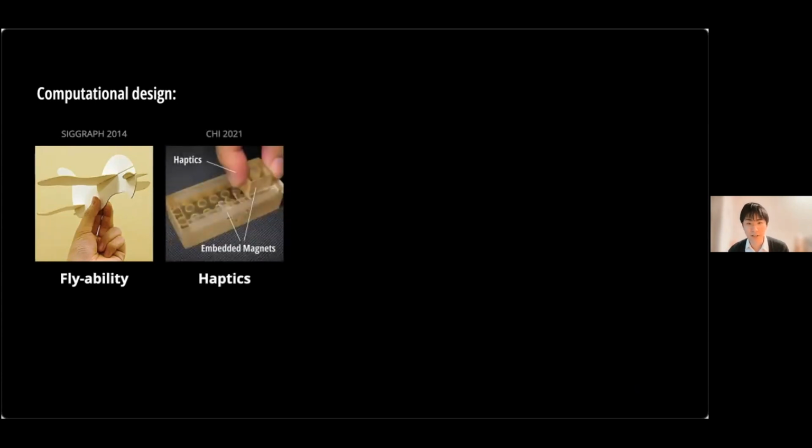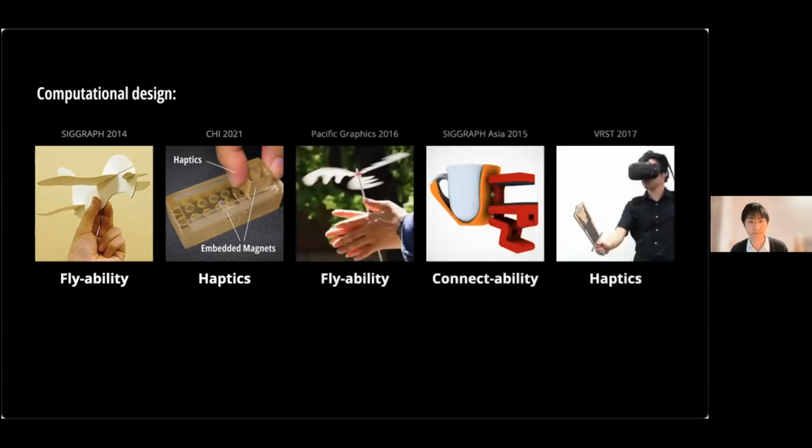We also worked on designing haptic force feedback by embedding magnets into fabricated objects. In this work, we formulated an optimization problem to search for optimal magnet positions and orientations that can reproduce target haptics. And I have worked on some other projects as shown here.